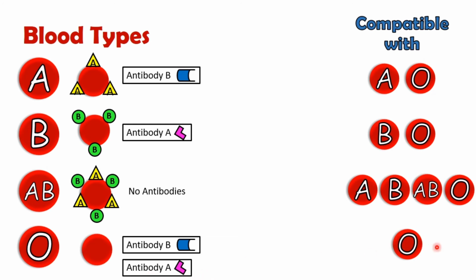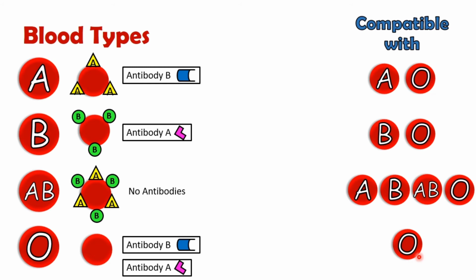This is because O blood type doesn't have antigen A or antigen B, meaning that antibody B and antibody A cannot react with any kind of antigen here. But if it has other blood, it will react and destroy them.